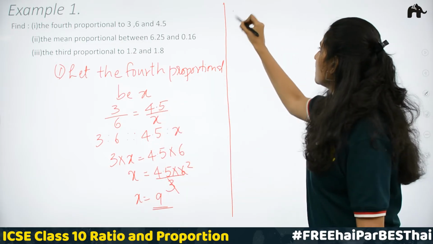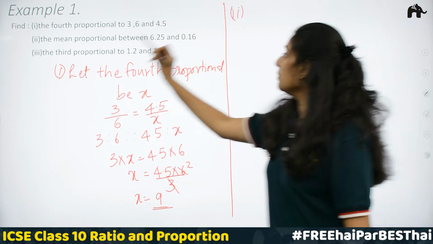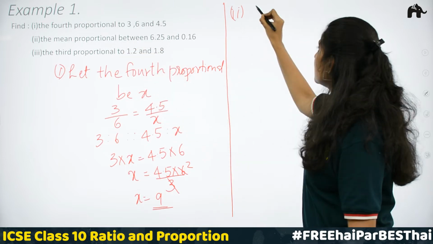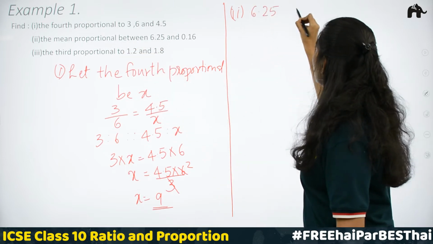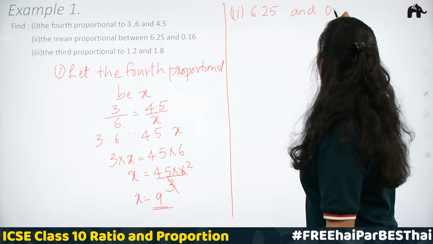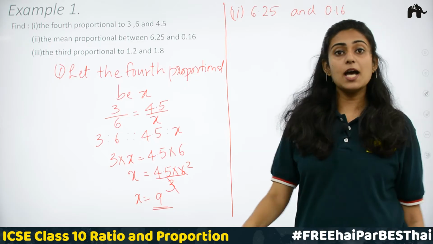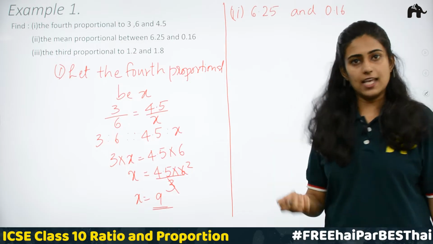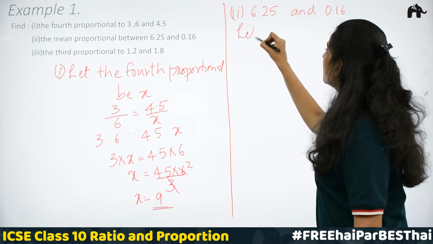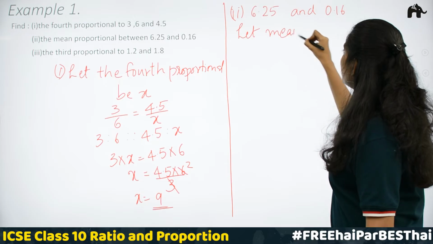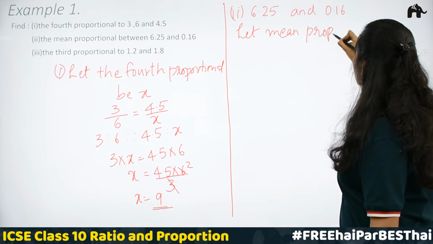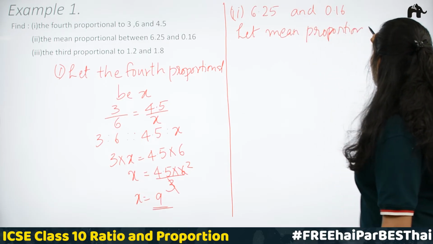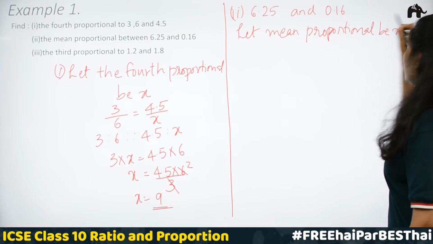Now the second question. The mean proportional between 6.25 and 0.16. We need to find the mean proportional. Again, take the mean proportional as x. Let the mean proportional be x.